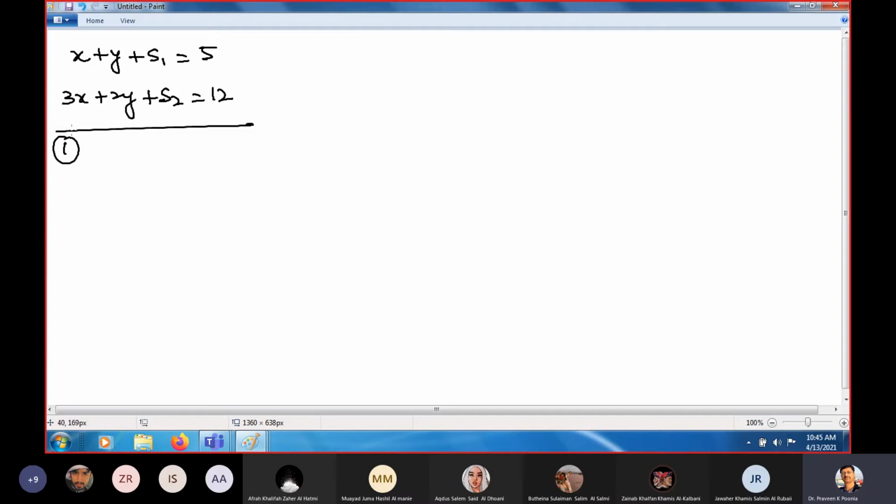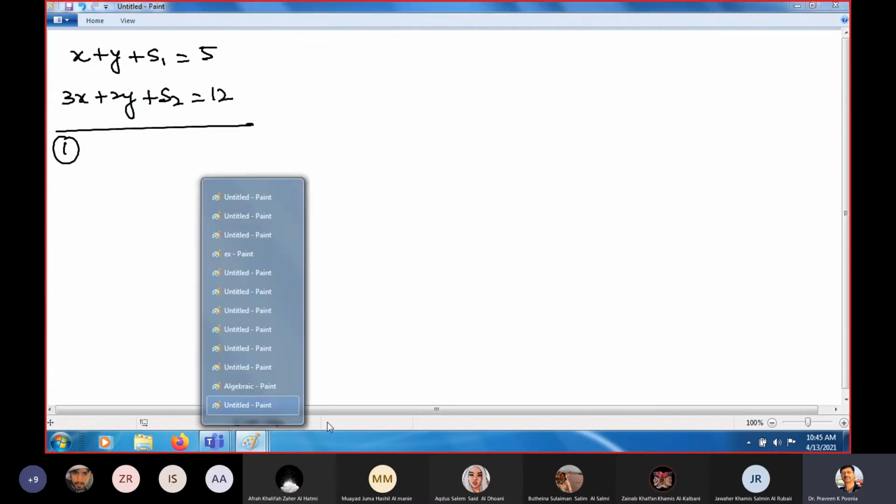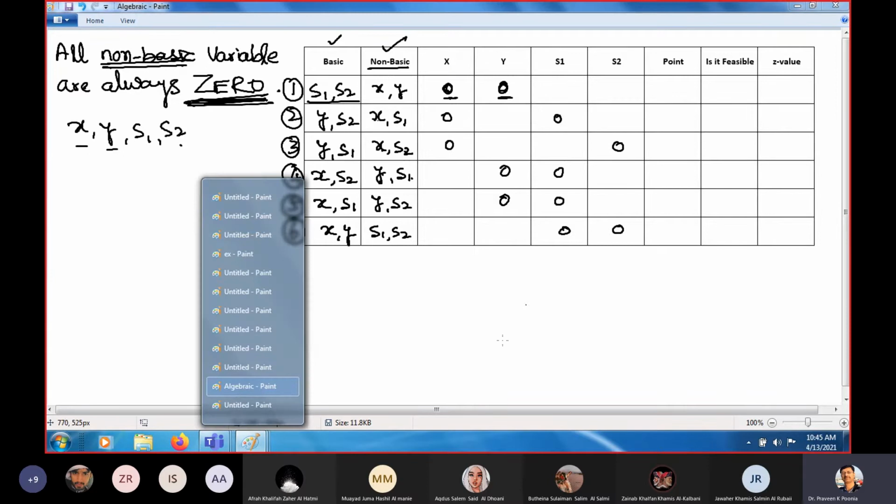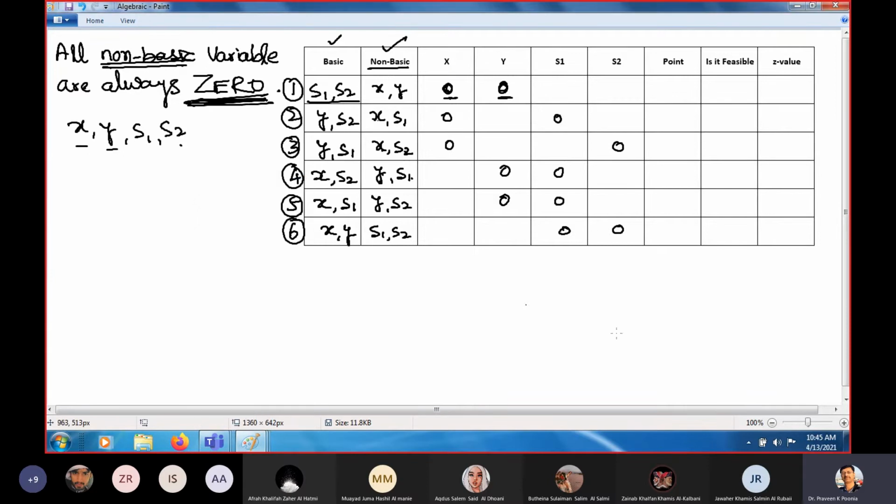Now we will take condition number 1. What is condition number 1? See the question. Condition number 1 is X 0, Y 0. And you need to find the value of S1 and S2. This is the next step.